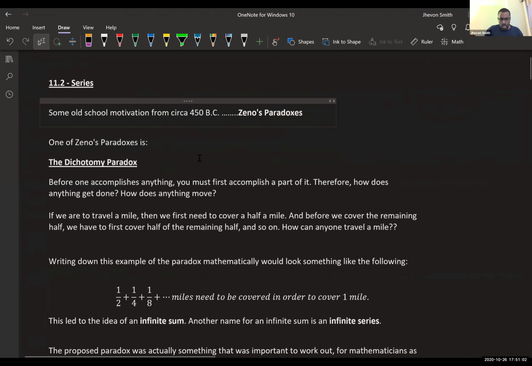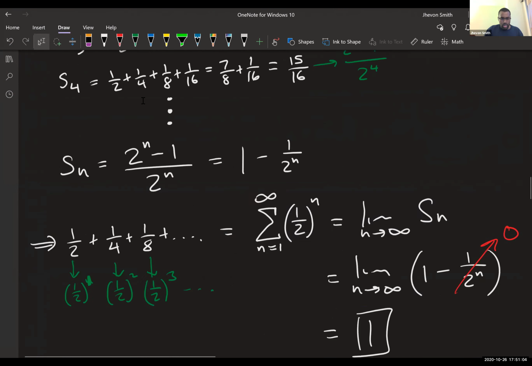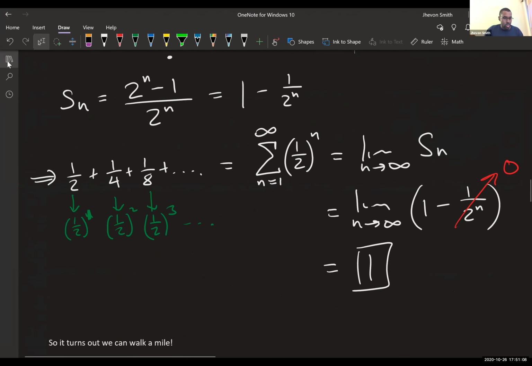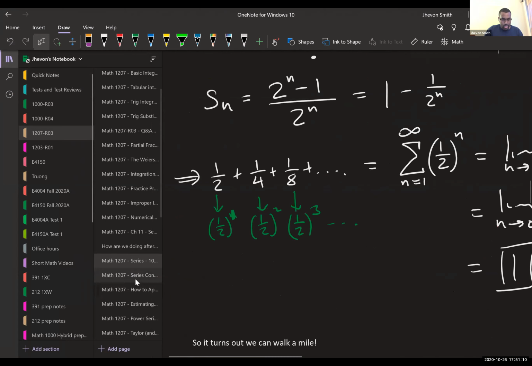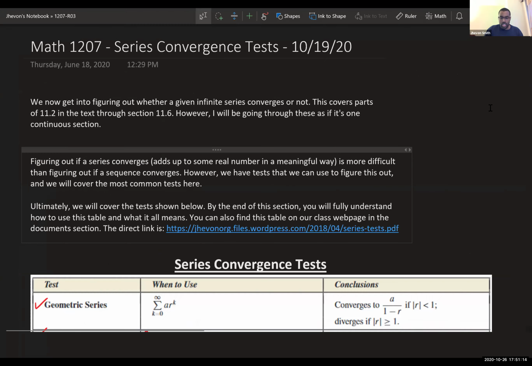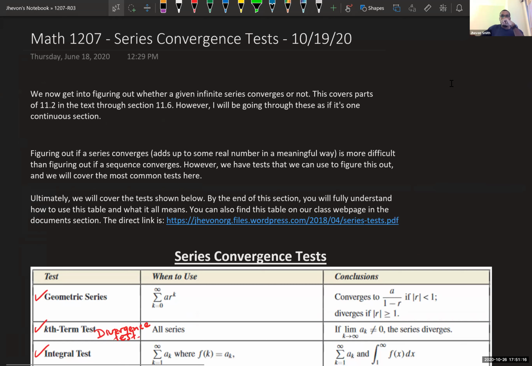However, you might realize that this sort of process that we went through here is kind of annoying to go through. And that led us to the next set of topics called the series convergence tests. Sometimes actually figuring out what a sum converges to is very, very difficult.